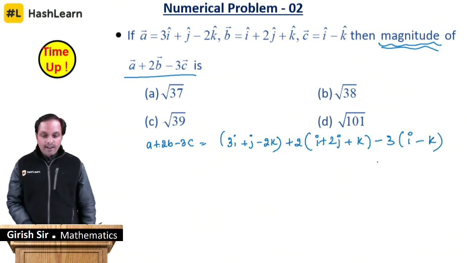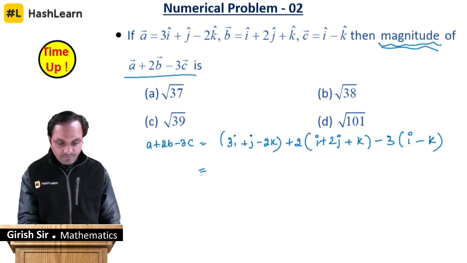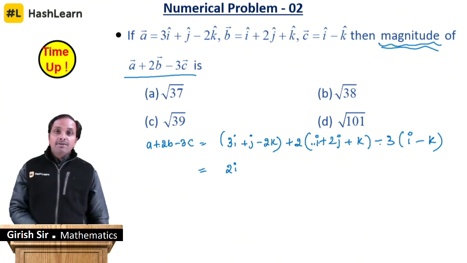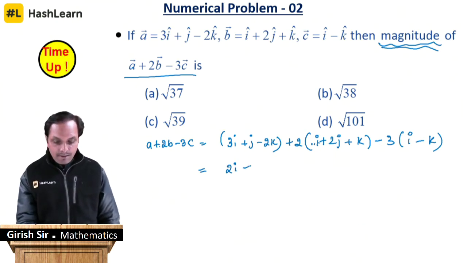Let us take the coefficients of i: 3, here 2, 3 plus 2 is 5, 5 minus 3 is 2i. For j, this is 1, this is 2 into 2 is 4, so 1 plus 4 is 5, and here j is 0, so that will give you just 5j.